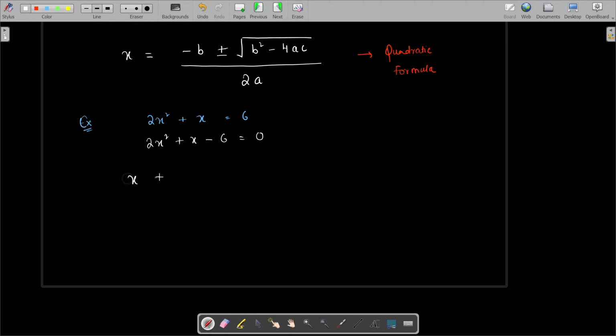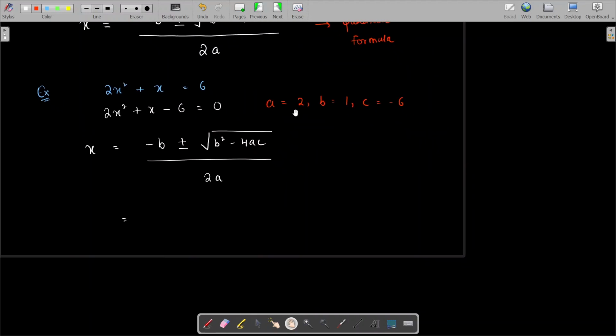Alright, so we have x equals negative b plus and minus square root of b squared minus 4ac, whole divided by 2a. First of all, let's write the coefficients. a is 2, b is 1, and c is negative 6. All you have to do is substitute these values into this formula.